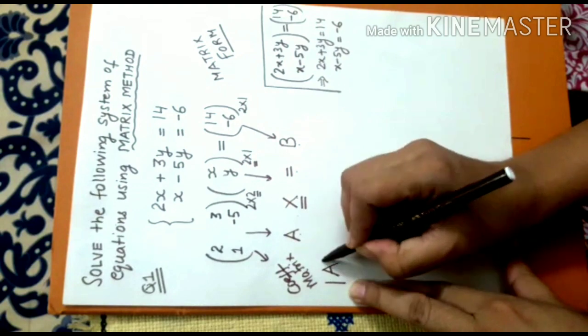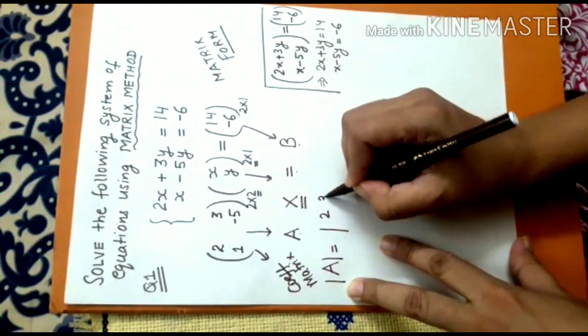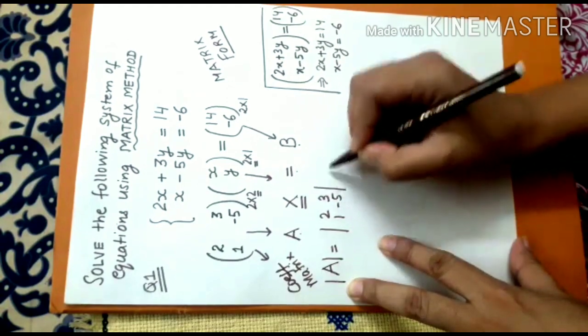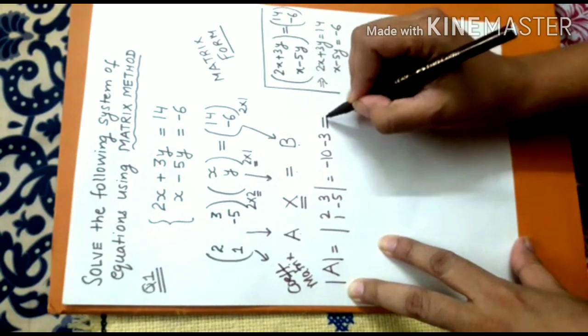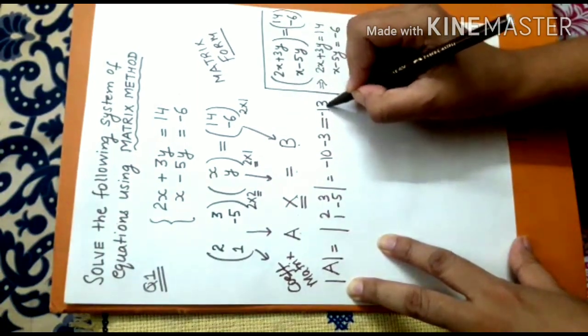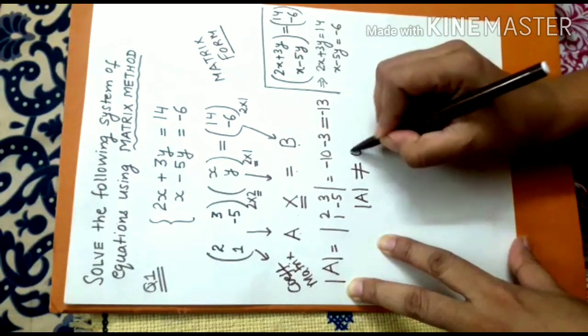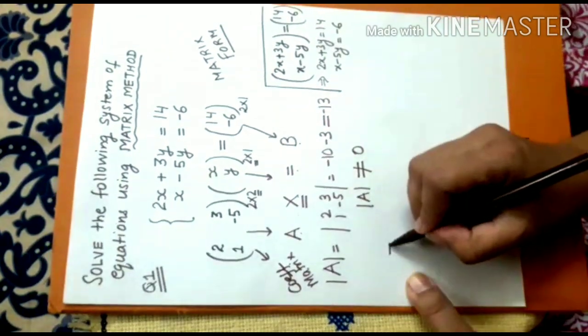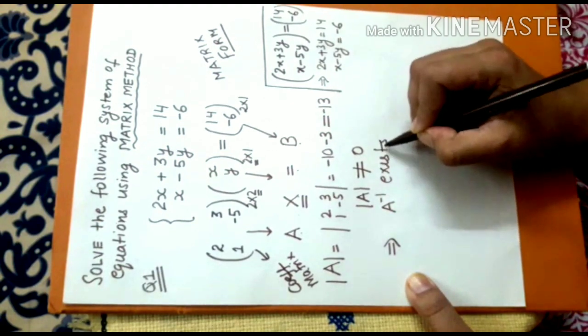Now I compute the determinant of this coefficient matrix. It will be equal to minus 10 minus 3, which is negative 13. So determinant A is not equal to 0, and this implies that A inverse exists.